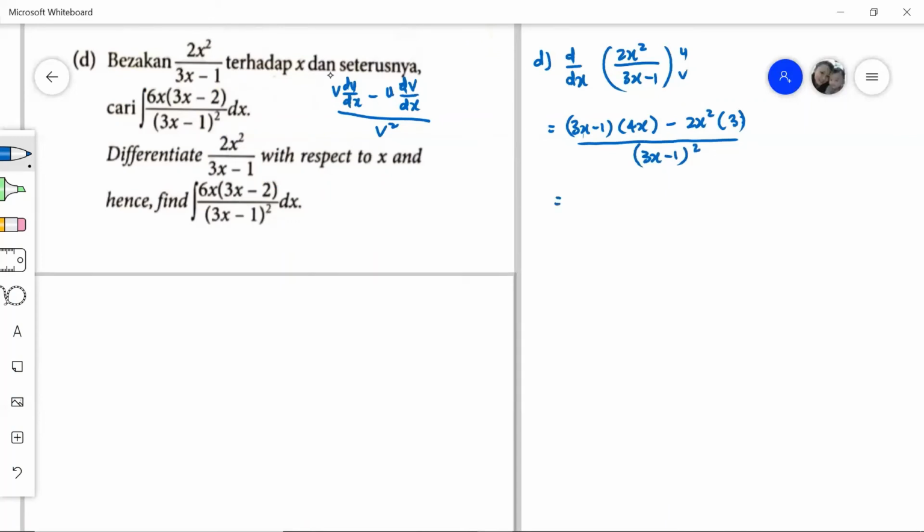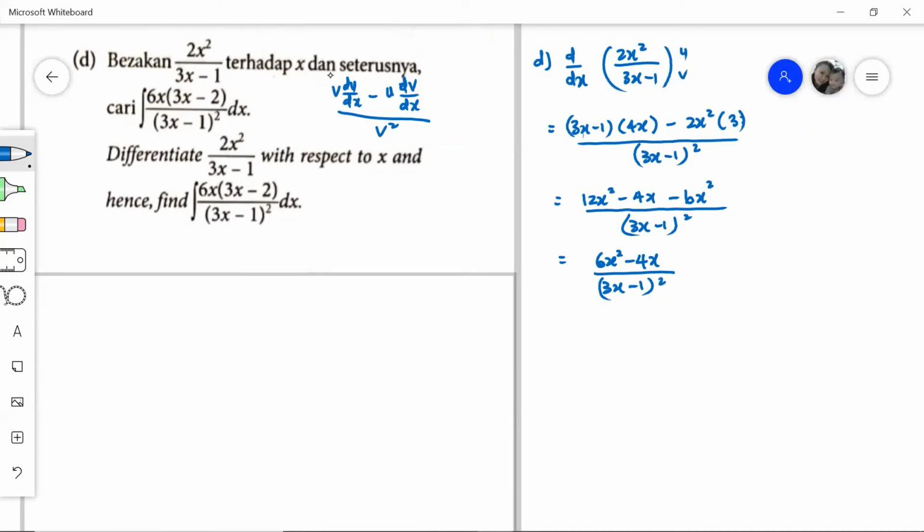And open up the bracket. So we have 12x squared minus 4x minus 6x squared over 3x minus 1 squared. Simplify the numerator, 12x squared minus 6x squared. So we have 6x squared minus 4x over 3x minus 1 squared. So this is the differentiated expression.